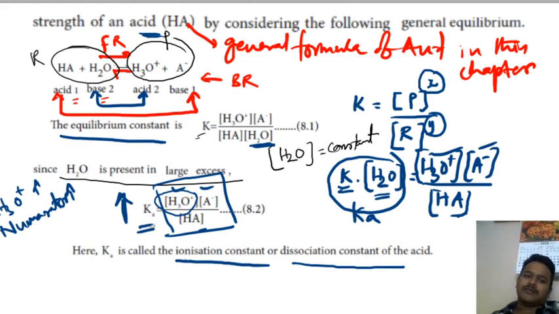Here you see Ka is dimensionless. Dimensionless means the numerator has molarity as the unit, and the denominator also has molarity as the unit, so they cancel. Like that they say it is a dimensionless quantity.